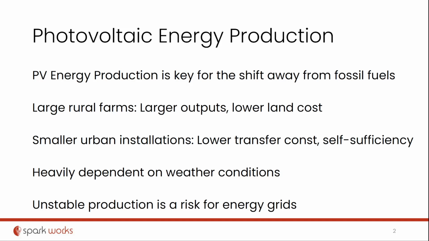So the nature of photovoltaic energy production is quite unstable and needs to be monitored at all times due to the risk that they can cause for the energy grids and energy grid maintainers, as when the production drops from them, alternative sources need to be brought into the mix in order to cover up the difference.